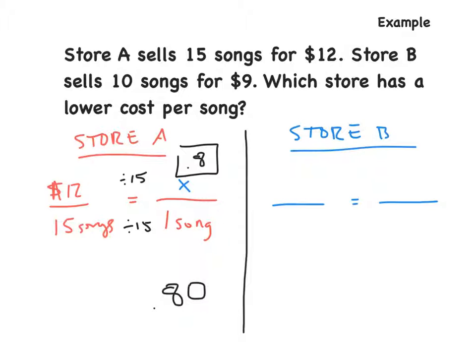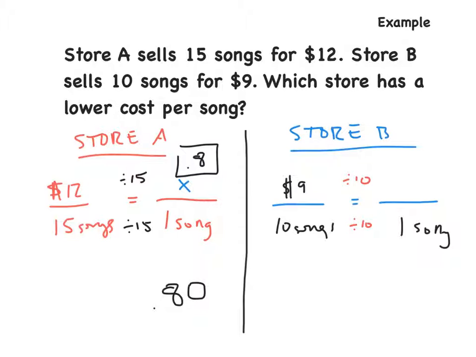Alright, so store B sells 10 songs for $9, and we want to see how much it costs for one song. So if we're doing this, we are going to divide the denominator by 10 and also the numerator by 10.